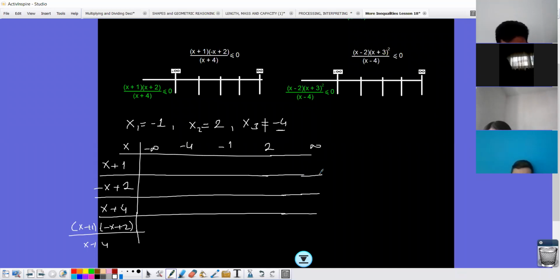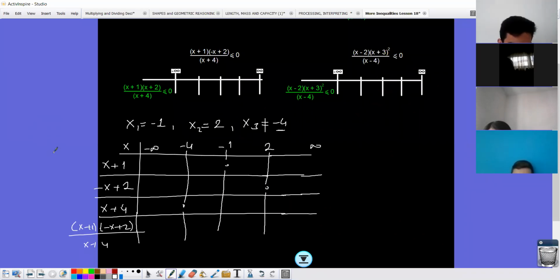Now, minus 4 is the root of the third expression. Minus 1 is the first one, and 2 is the second one. But here, what is the difference? Here we have equality. Which dots will be filled?